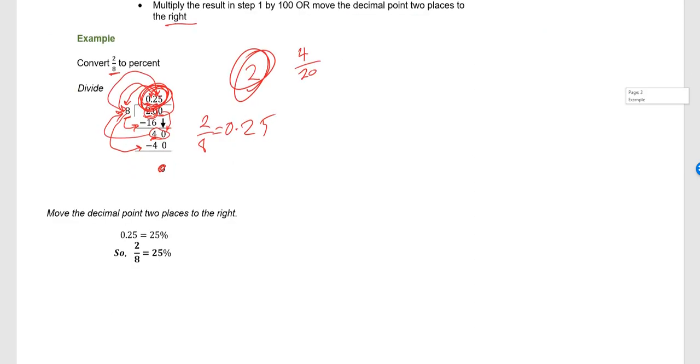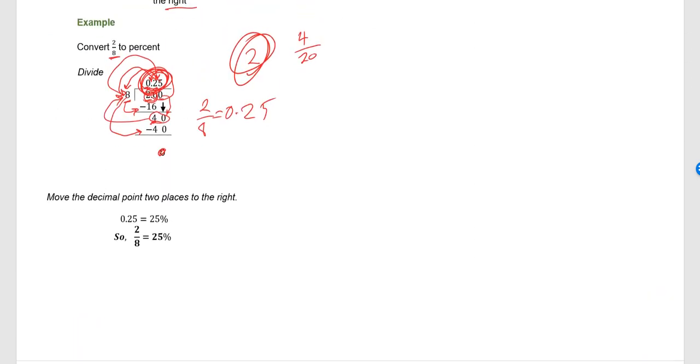Now that I have the decimal 0.25, I'm going to move the decimal point 2 places to the right. So from here, the decimal is going to do 1, and then it's going to do 2.